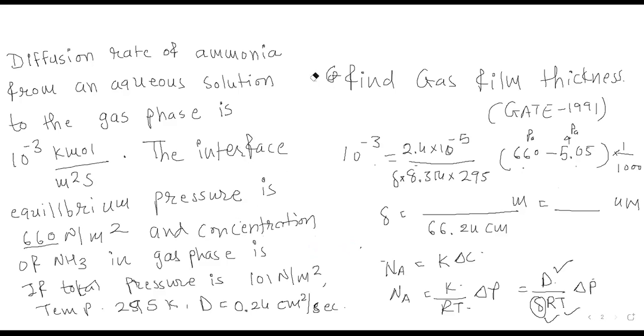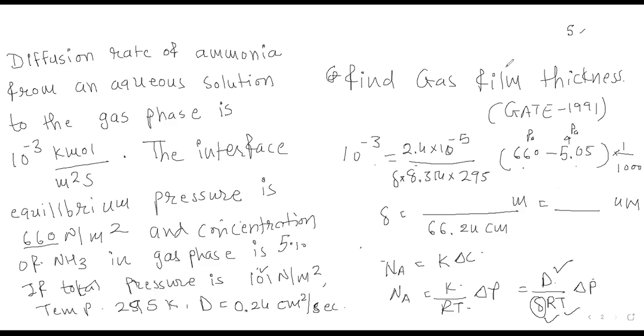If they are saying that the concentration of NH3 in gas phase is 5%, then how will you calculate a percentage in the numericals? For that reason, at that time you have to use the total pressure.